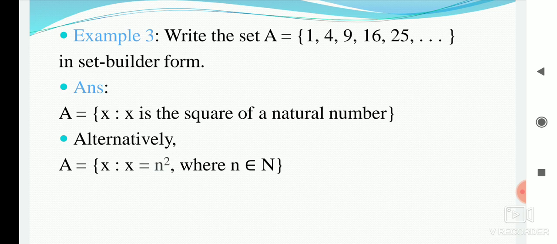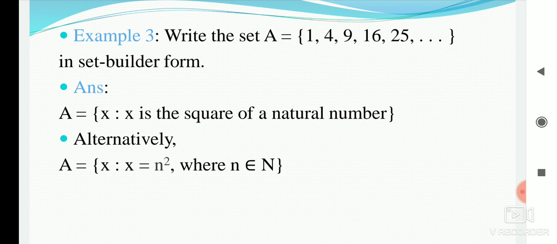now the third example. Write the set A = {1, 4, 9, 16, 25, ...} in set builder form. So this is in roster form, and you have to write it in set builder form. So try to observe the set and observe the properties.